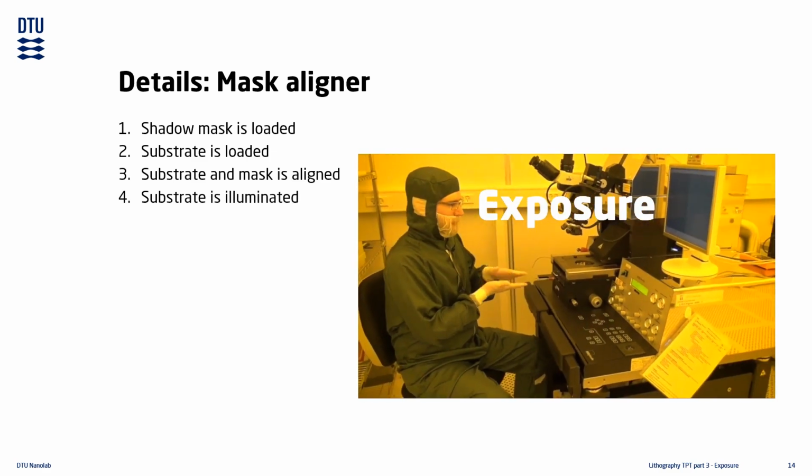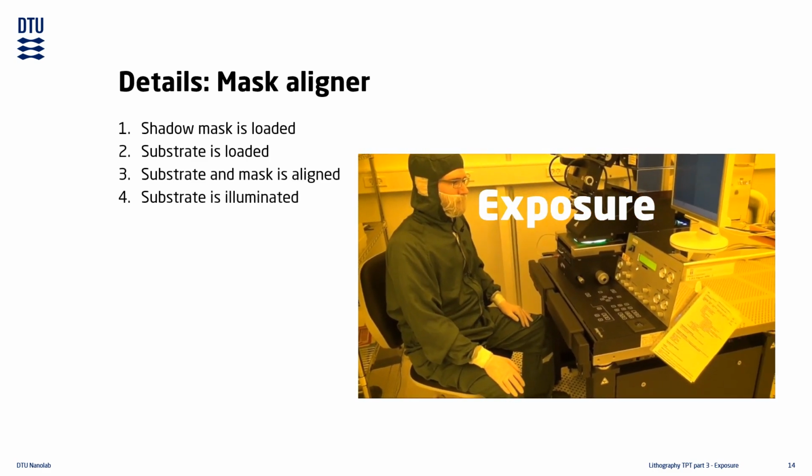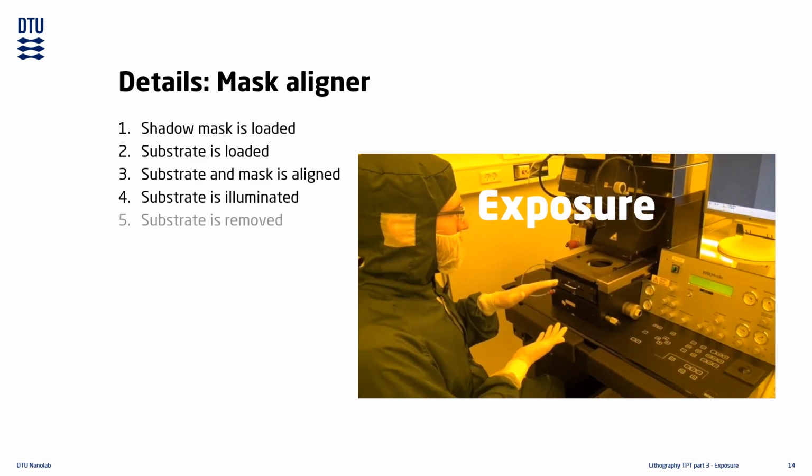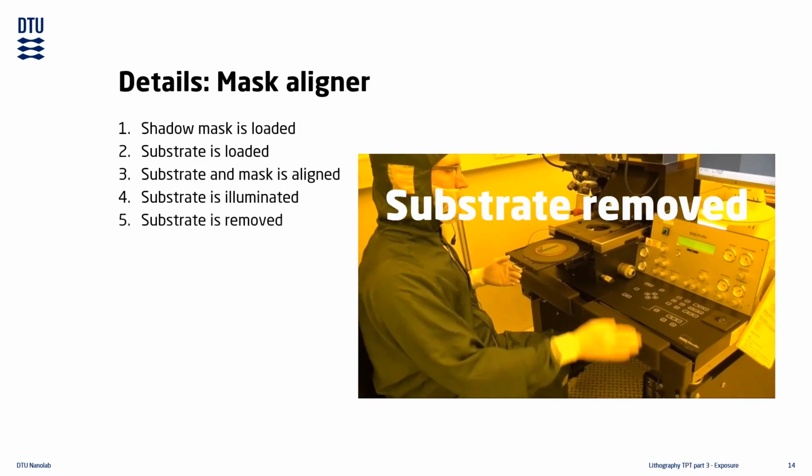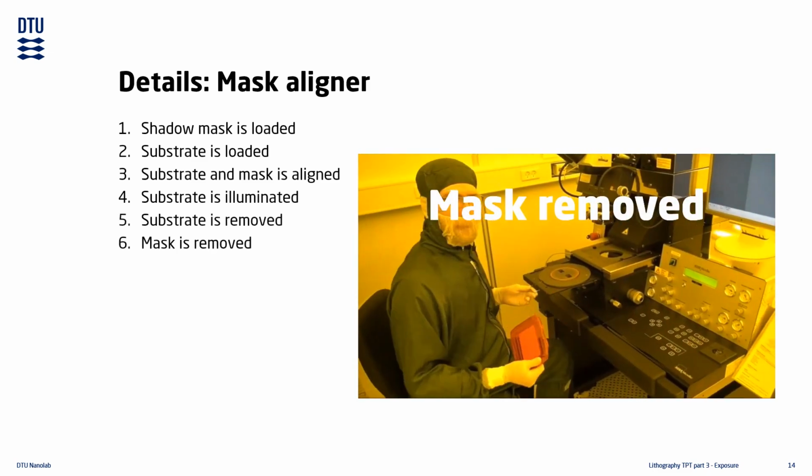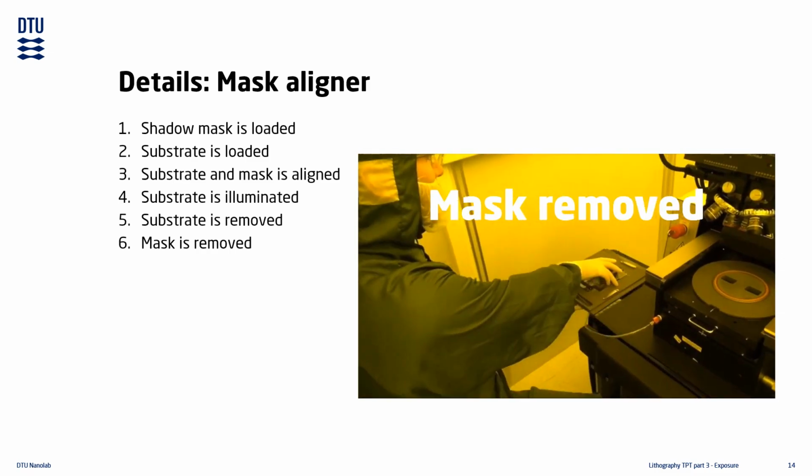When the alignment is acceptable, the exposure is started. After the exposure, the substrate is removed from the tool. When the entire process is finished, the mask is removed from the tool.